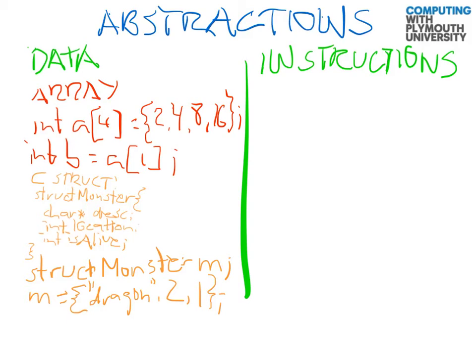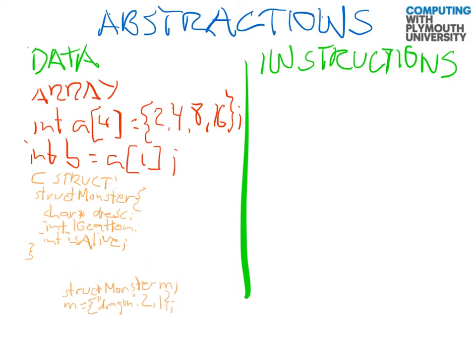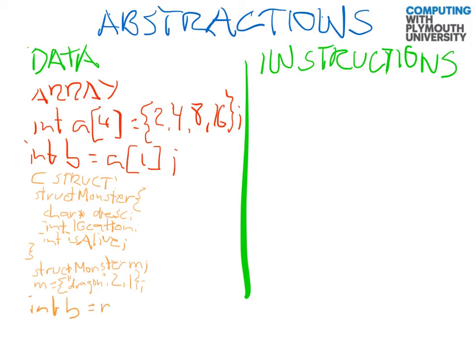Now the way we use the monster structure when we have created it is by referring to the individual fields. Say I want to get the location out, so again I've got another variable and I want to set that equal to the location of my monster. So we have the monster variable and I want subfield location, and note here we introduce the dot notation.